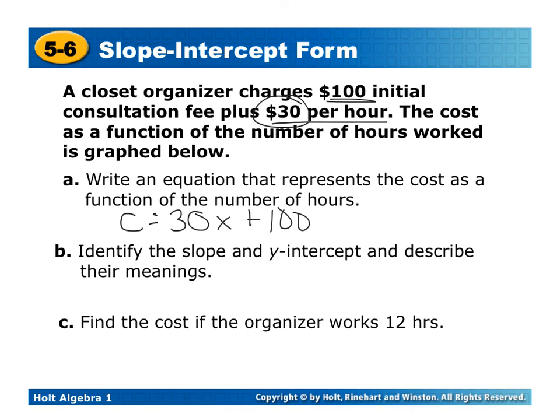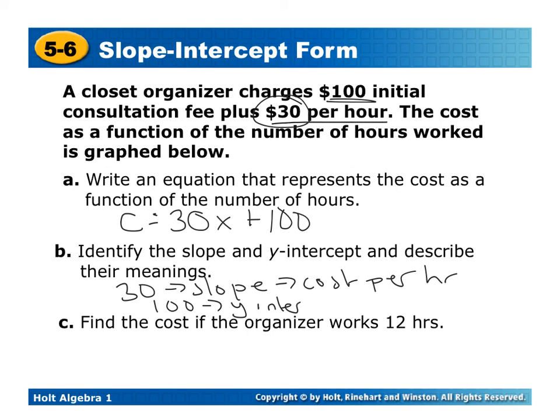So here, the slope was 30, and that was our rate of change or our cost per hour. And then the 100 is our y-intercept, and that's the start fee or initial fee.